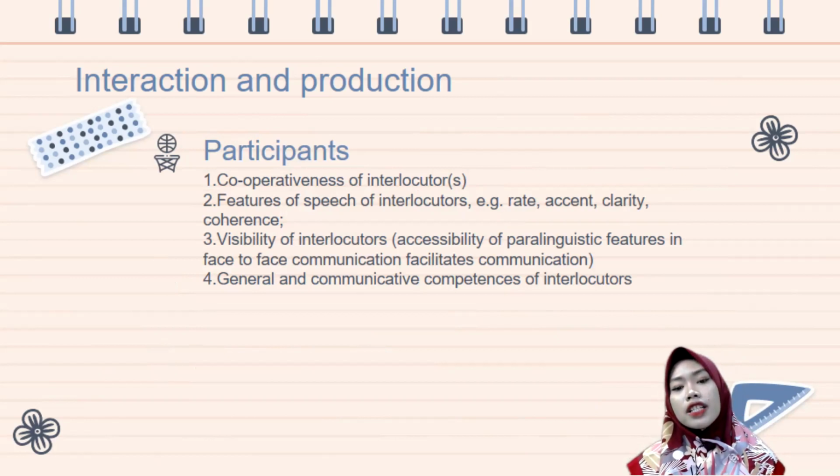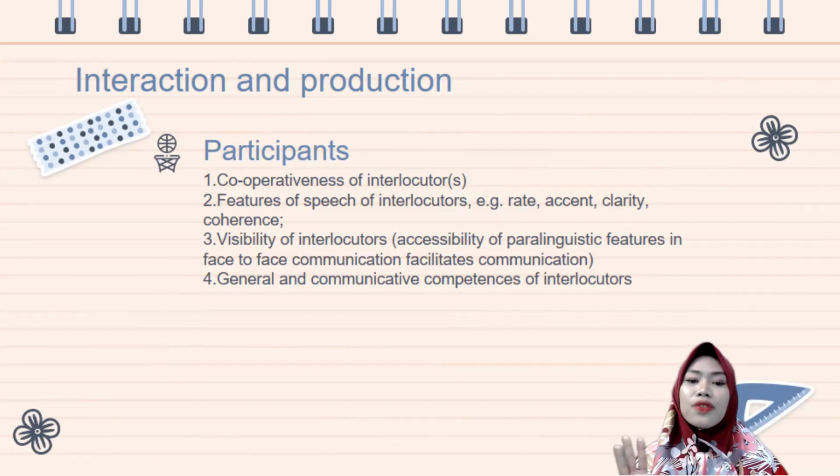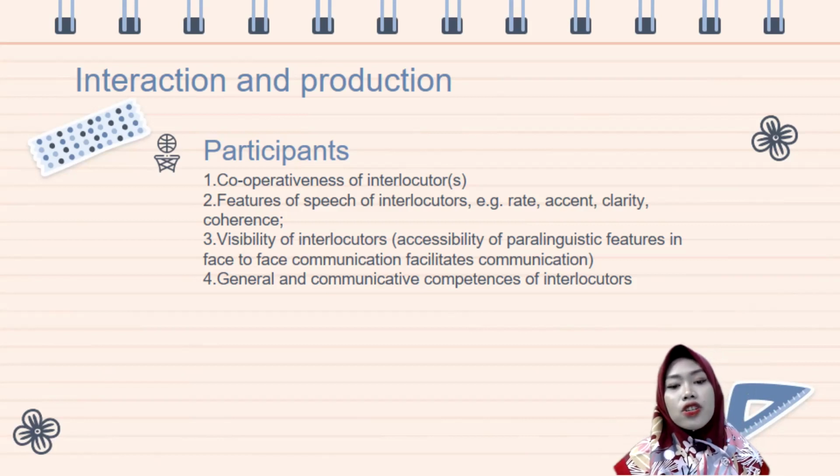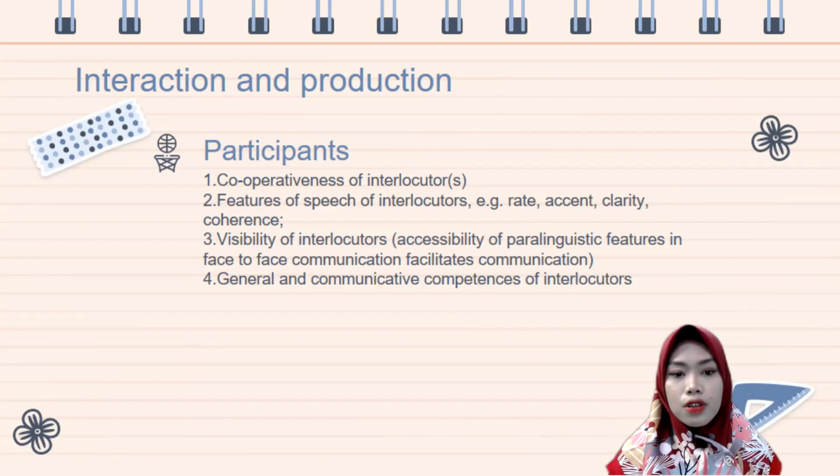The first is cooperativeness of interlocutors, and the second is features of speech of interlocutors, for example, rate, accent, clarity, and coherence. The third is visibility of interlocutors, just like accessibility of paralinguistic features in face-to-face communication facilitates communication. And the last is general and communicative competences of interlocutors.